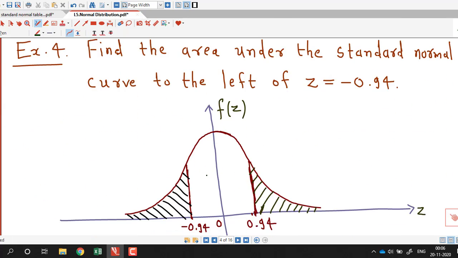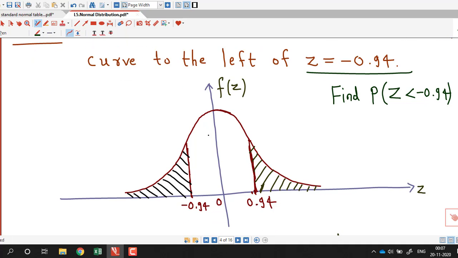Next example: find the area under the standard normal curve to the left of z equal to minus 0.94. That means we are asked to find the probability that capital Z is less than minus 0.94. You can see, if this is 0.94, this is minus 0.94, and the area to the left of minus 0.94 is nothing but the probability that Z is strictly less than minus 0.94.